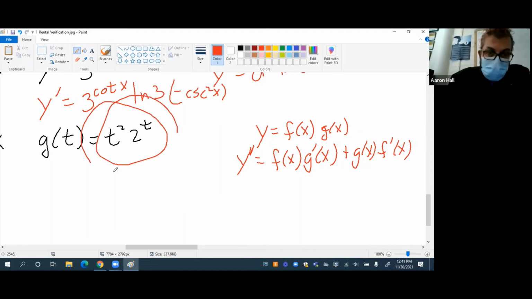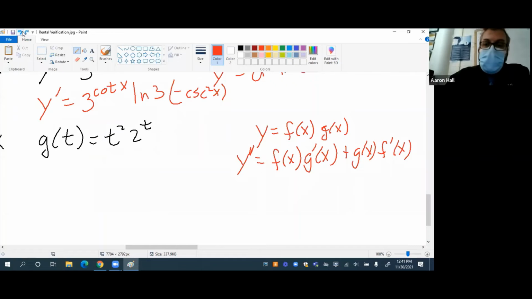Based upon our problem that we're looking at right now, what is f of x? It's x squared, yep. What is the derivative of f of x? 2t.